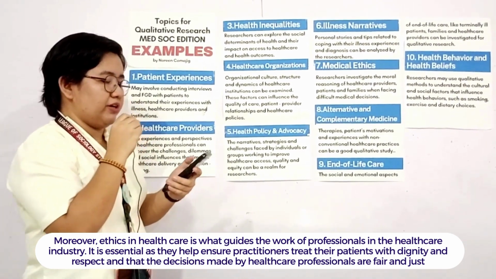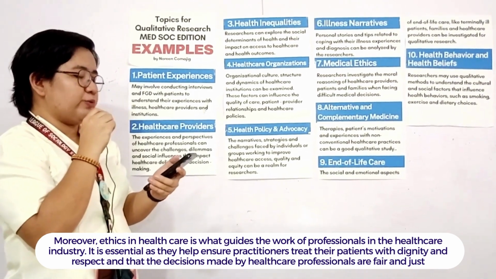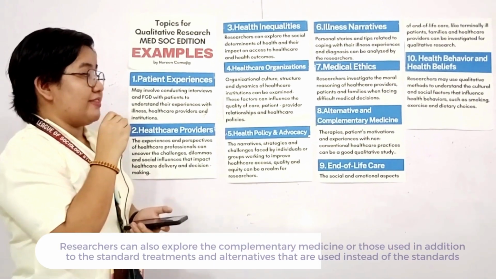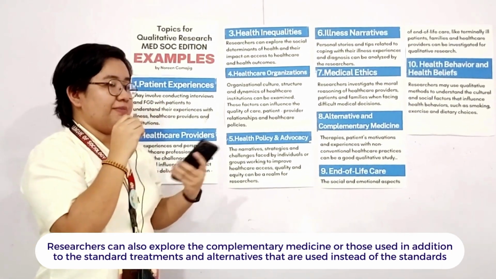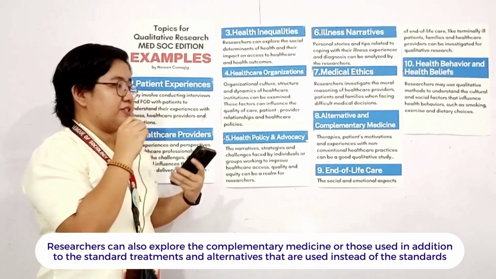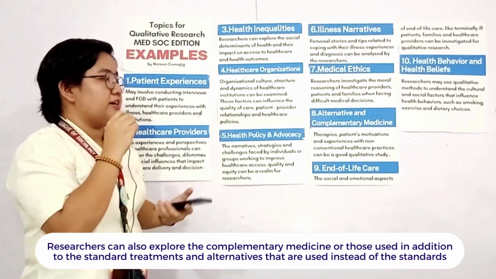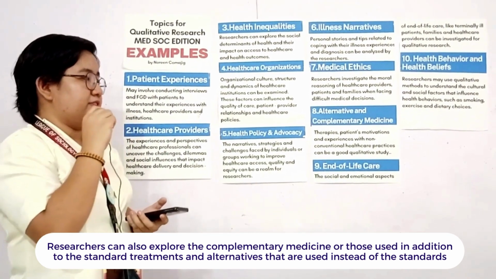Researchers investigate the moral reasoning of healthcare providers, patients, and families when facing difficult medical decisions. Number eight, alternative and complementary medicine. These are all about the therapies, the patients' motivations, and their experiences with non-conventional healthcare practices, and that can be a good qualitative study.